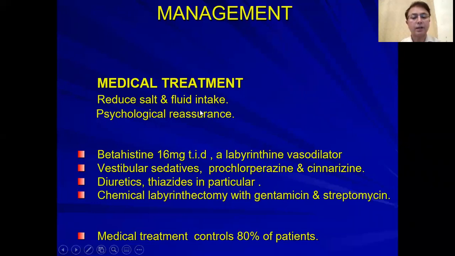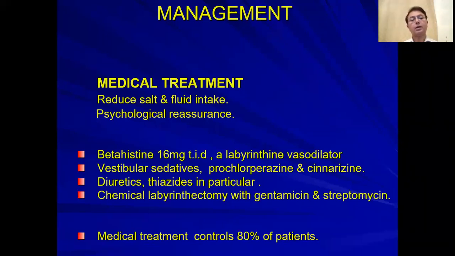It's not life-threatening. It's not a space-occupying lesion. Most often there is hardly any need for a CT scan or MRI. CT scan and MRI can be conducted for ruling out serious issues like acoustic neuroma.